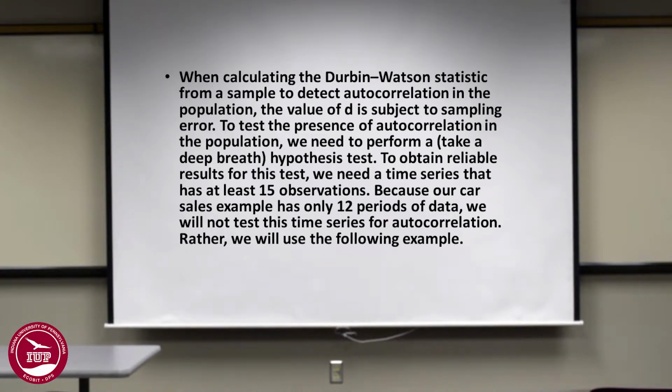To obtain reliable results for this test, we need a time series that has at least 15 observations. Because our car sales example has only 12 periods of data, we will not test this time series for autocorrelation. Rather, we will use the following example.